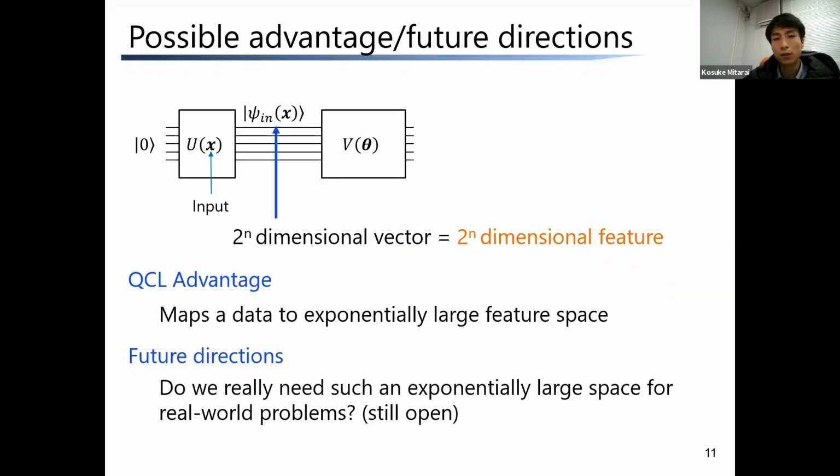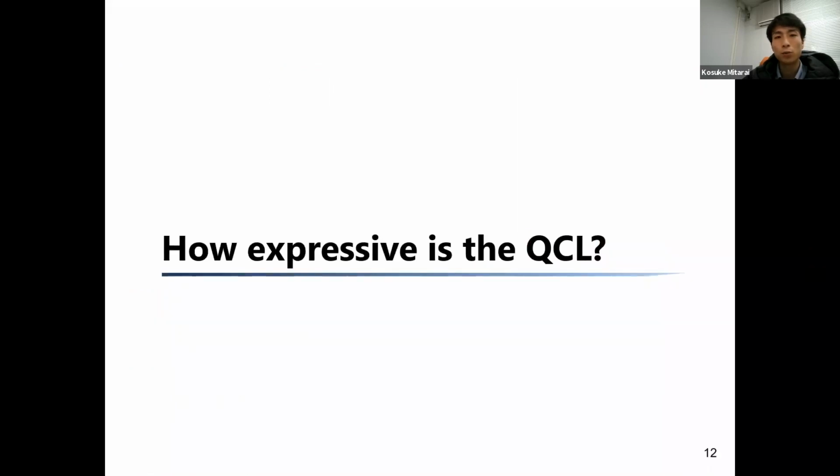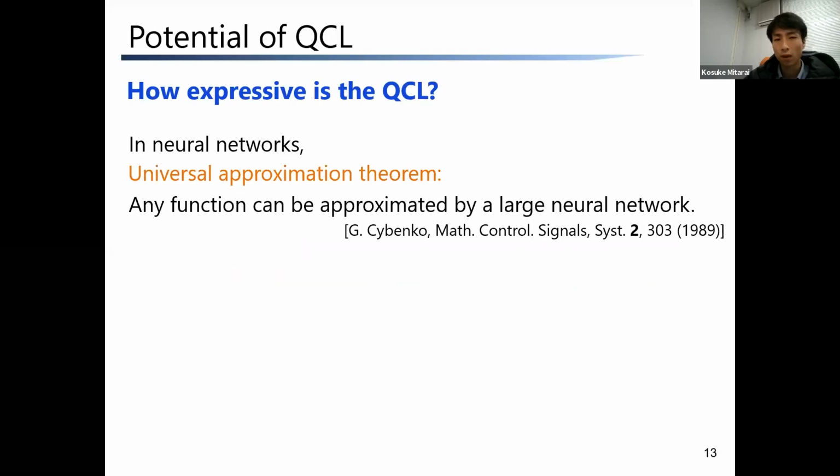So this is an overview of quantum circuit learning, and I will go into more detail on the QCL. One thing to discuss is how expressive the QCL is. In neural networks, there is a theorem called the universal approximation theorem, which states that any function can be approximated by a sufficiently large neural network.